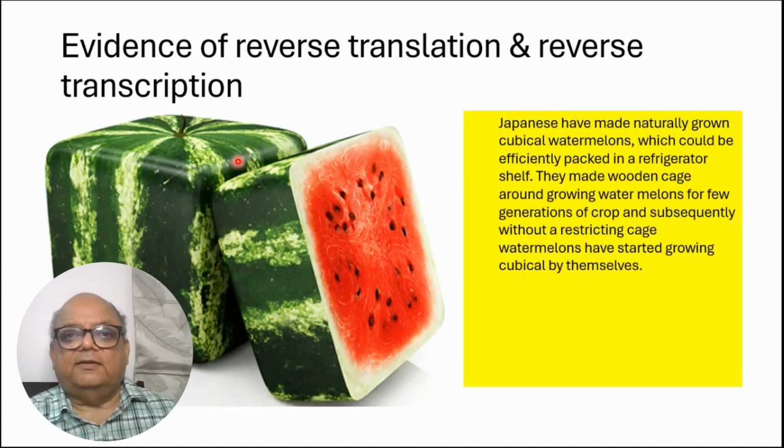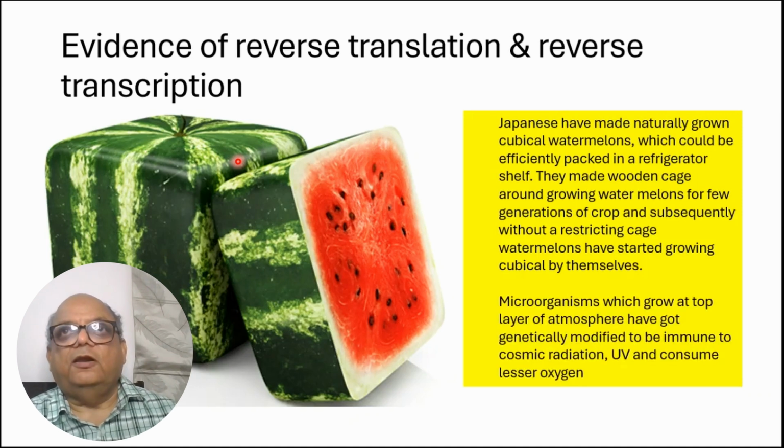Another example is that with volcanic eruptions, some soil goes to the uppermost layer of the atmosphere, along with the bacteria that were in the soil. Those microorganisms grow at the top layer of the atmosphere, but over the years they have got genetically modified so that they have become immune to cosmic radiation and to ultraviolet, and they consume much less oxygen to survive.